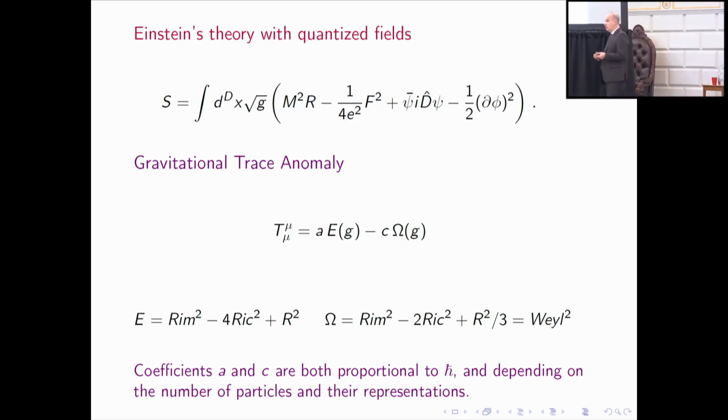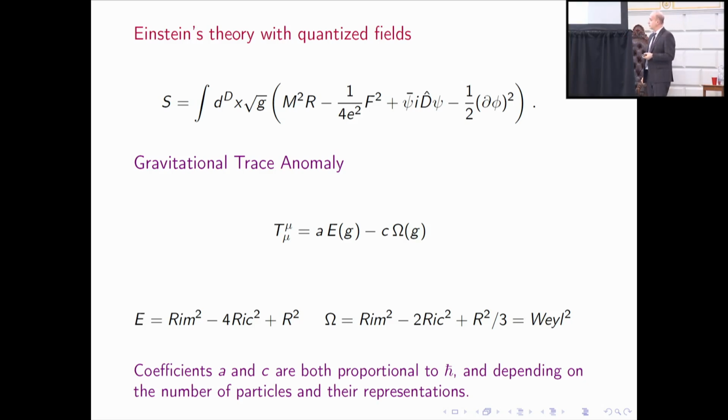Now, I need to emphasize that even if I didn't have scale invariance, let's say fermions were massive and the scalar was massive, that's all fine. You would have had something on the right-hand side related to those masses, that would be explicit breaking of your scale invariance, but this anomaly term would still be there, okay? So it's in addition to whatever explicit breaking you have of your scale invariance, so it's remarkable.